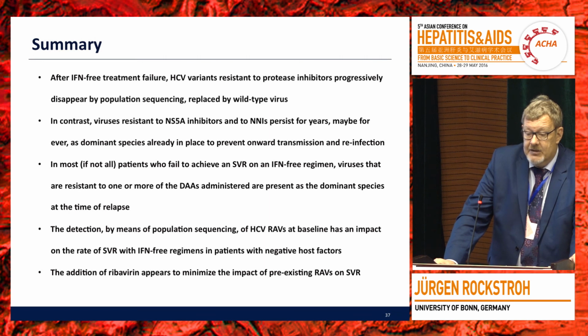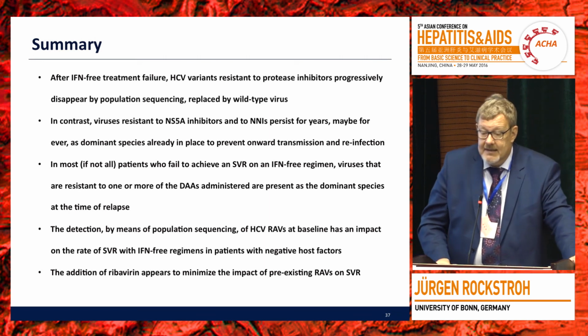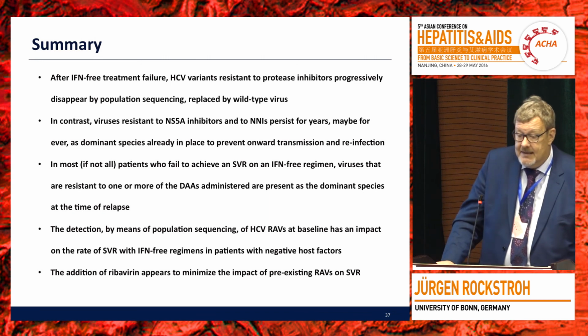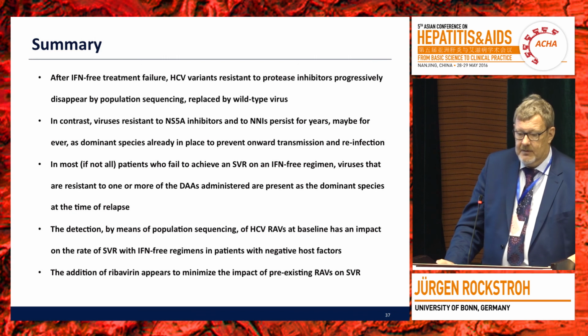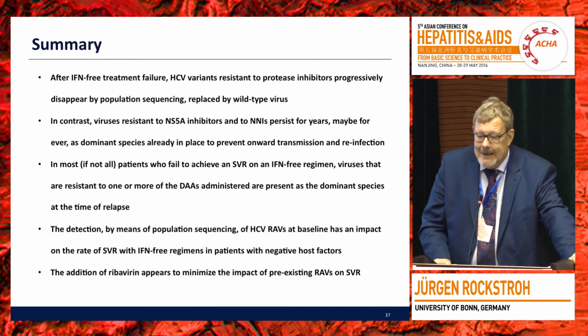In most patients who fail to achieve an SVR on an interferon-free regimen, viruses that are resistant to one or more of the DAAs administered are present as the dominant species at the time of relapse, so resistance is a real issue upon virological failure. By means of population sequencing, you have to have a 15 to 20% cutoff, I think, because that is the only one which appears to be clinically relevant.